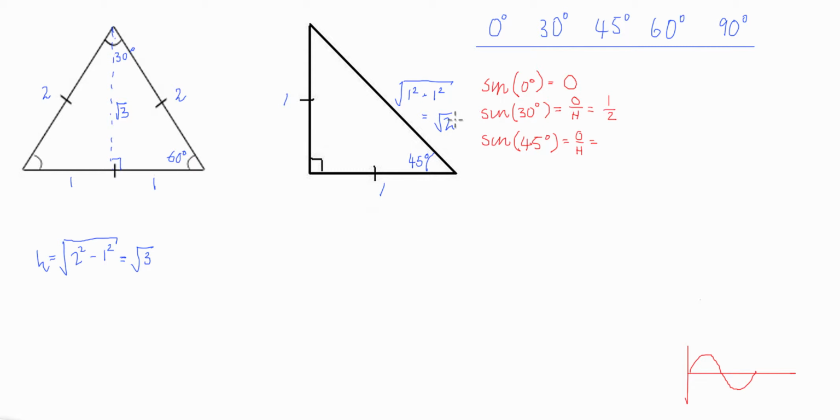So the opposite over the hypotenuse is 1 divided by the square root of 2. Great. Which we could rationalize if you felt like it, which would then equal square root 2 over 2. Some people like to have it in rational form to start with.